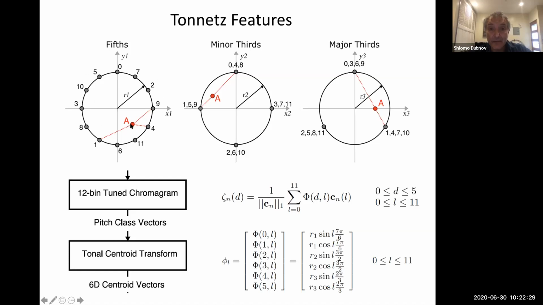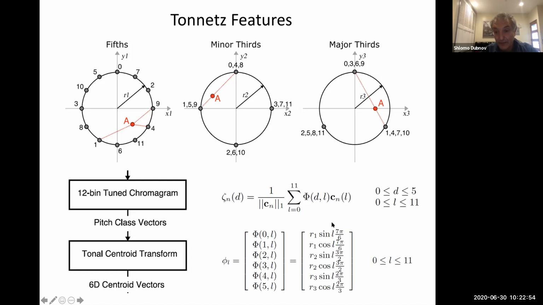So you take the 12-bin tuned chromagram, which represents these so-called pitch classes. The 12 notes, if you don't have the octave, are called pitch classes. Then you do this transform, so you have these 6 numbers. Every note will be represented by 2 coordinates here, 2 coordinates here, and 2 coordinates here.